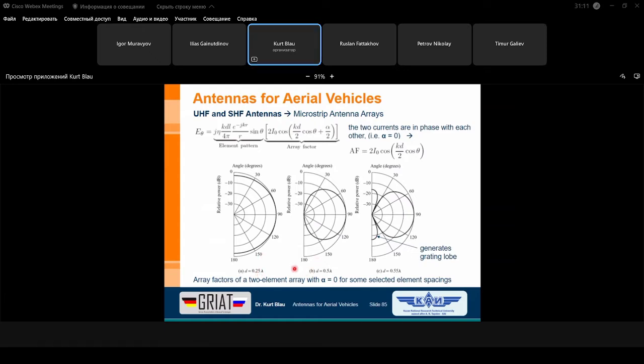Here we have a half wavelength. For ambiguity, it's normally the threshold. This is the borderline. And if we exceed this, then you can see we have here also 0, it's clear, and then we have here the so-called grating lobes.